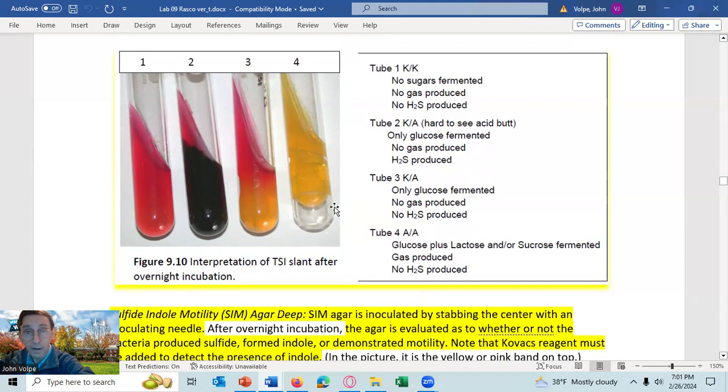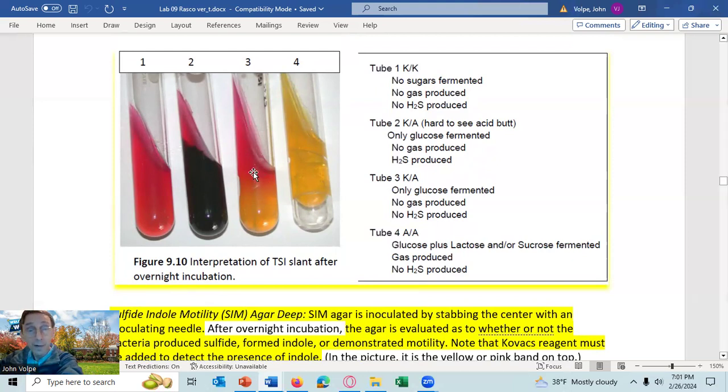And so we're going to abbreviate that as K over A, meaning no change in the slant, and then A in the butt, because the butt would be yellow if we could see the yellow, but we can't see the yellow because it's covered in black. But if ever you see black, you can assume it is yellow, because only when fermentation occurs does hydrogen sulfide production occur.